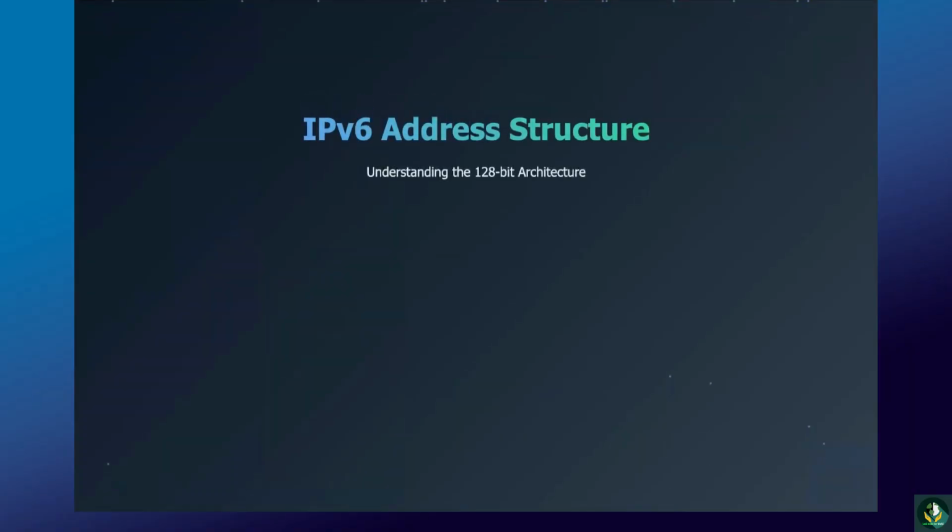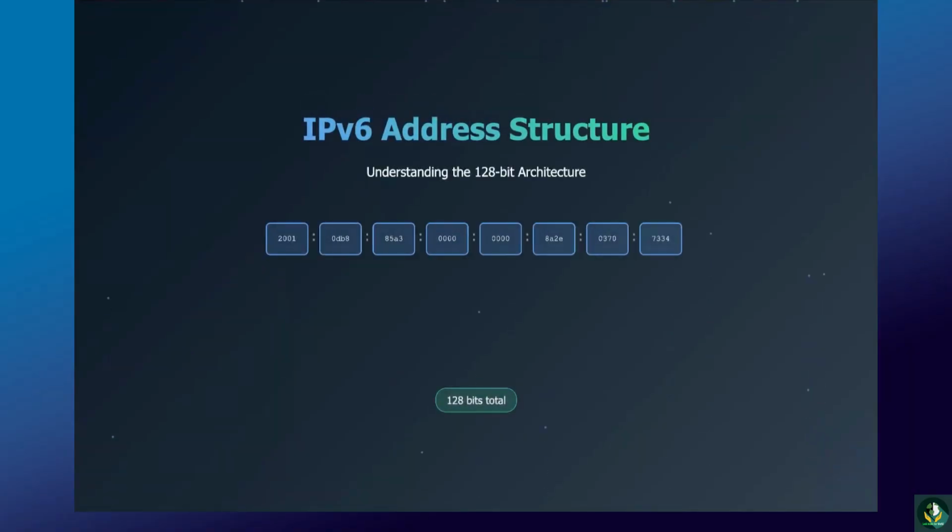Welcome back to this lesson on the structure of IPv6 addresses. So understanding how IPv6 addresses are organized is crucial for managing modern networks. In this lesson, we'll explore the components of an IPv6 address, including the prefix, subnet ID, and interface identifier. We'll also discuss the different types of IPv6 addresses and their purposes.